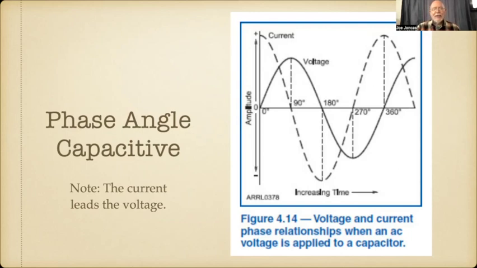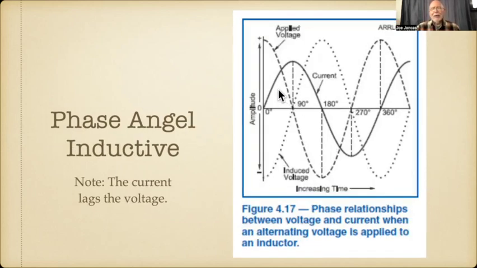Now, when we go to inductance, here we've got a whole bunch of stuff going on, but when the voltage starts, remember we talked about an inductor. When the first coil gets a little bit of current, it creates a magnetic field that goes to the rest of the coils, which then in turn makes a back EMF, electromotive force, a backwards force that prevents the current from going. I'm sorry, this is the voltage.